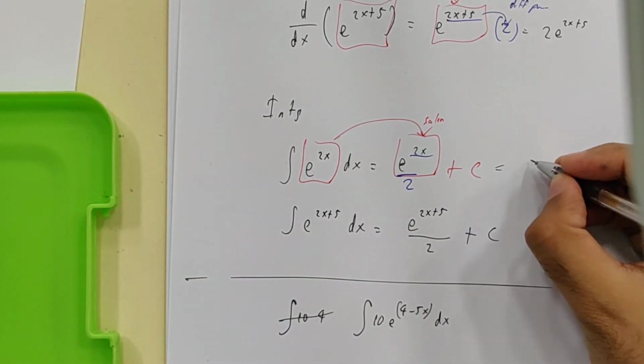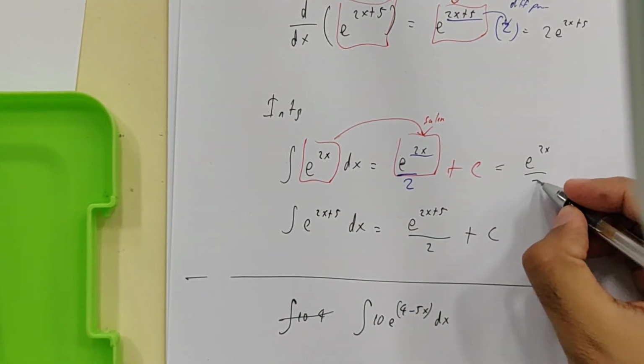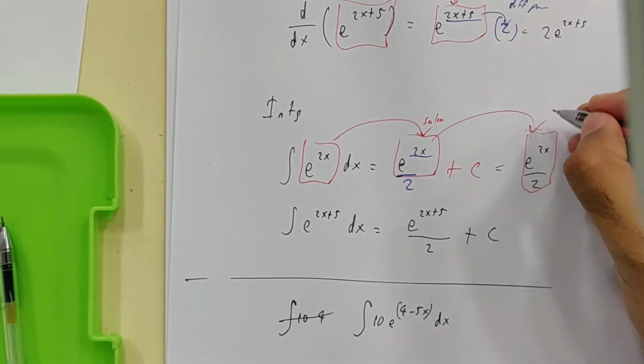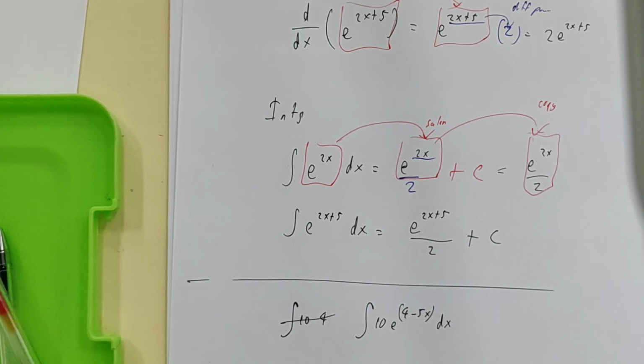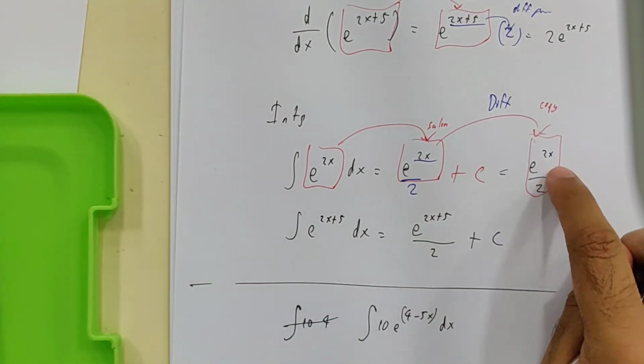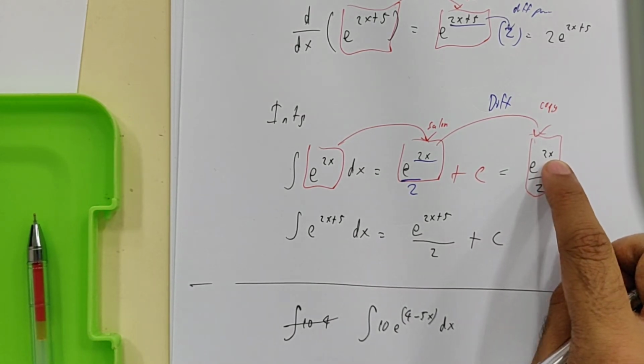Okay, firstly you copy, am I right? E to x. What happened to the two? Just copy as well. This if we differentiate, and then we differentiate 2x, right? What do we get? 2.